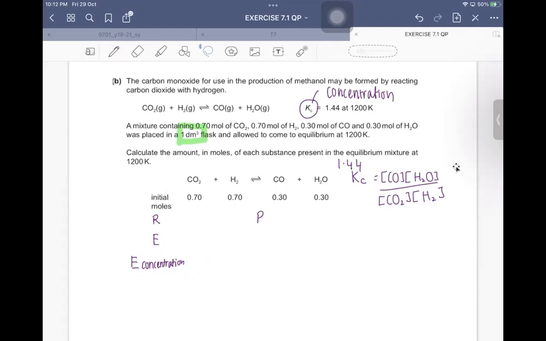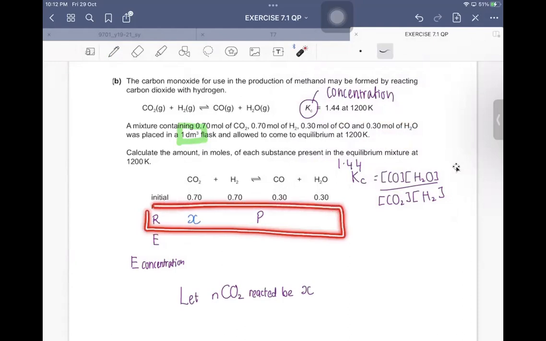Now I am stuck, but what I can do is let the number of moles of CO2 reacted be X. I will make my number of moles of CO2 reacted as X, because remember the special thing about this middle row?